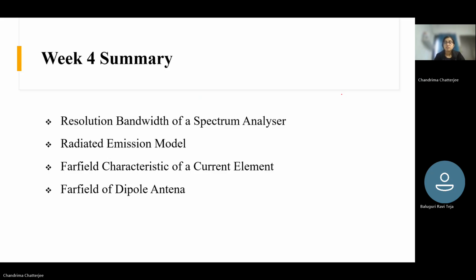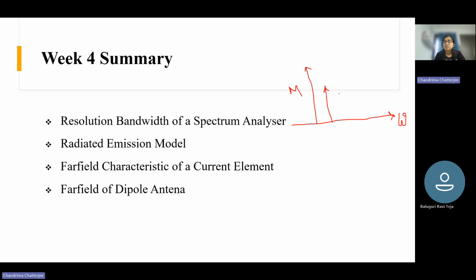Whenever we want to measure conducted EMI or radiated EMI, we basically want to measure the magnitude of the signal. So we do that by spectrum analyzer. We have omega on the x-axis, and here we have the amplitude.